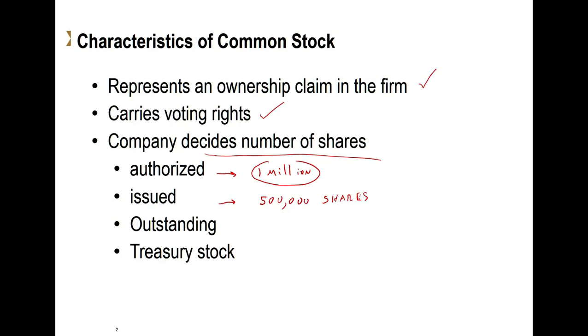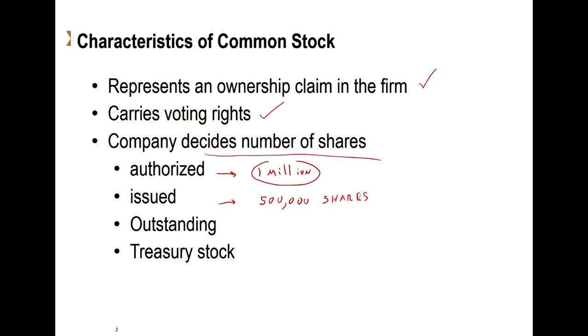The investors are happy with this because they expect to receive compensation or return if the company goes well. They also share a high level of risk because if the company does not, they're the ones with residual payments. They're paid at the end. First the employees get paid, then the government in the form of taxes, then the bondholders, and then the equity holders. So anyway, you have issued 500,000 shares.